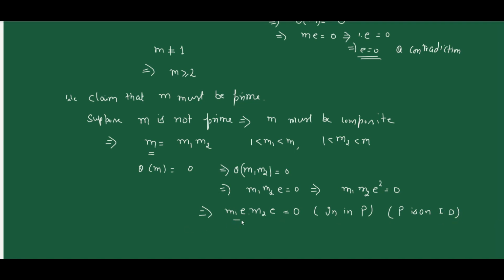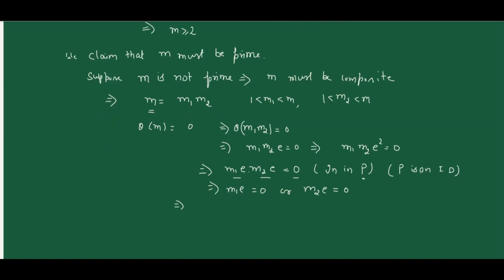So if the product of two elements is 0 inside p, then either m1 e is 0 or m2 e is 0. It means either theta of m1 is 0 or theta of m2 is 0.